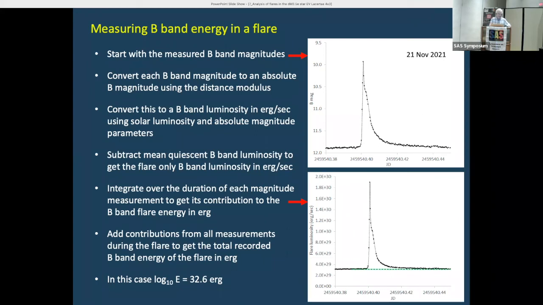And then we add up all the contributions from all of these magnitude measurements to eventually get the total energy which was recorded in the B-band for the flare in ergs. And in this case, the value was log 10 E of 32.6 ergs. That, as I mentioned, was the most energetic flare that we were able to record. So that's how we work out the B-band flare energy, which is tabulated in the paper.